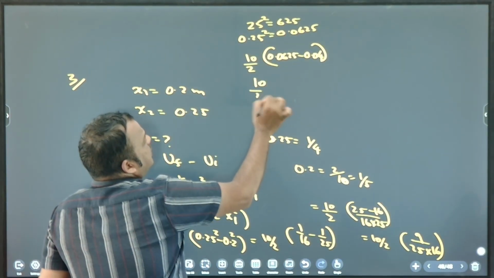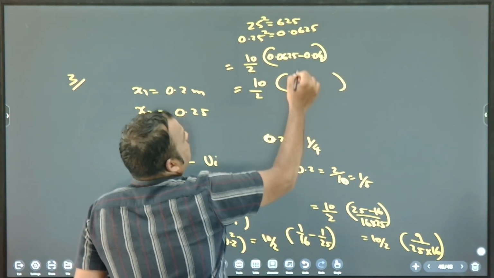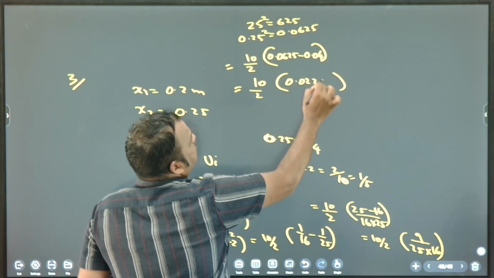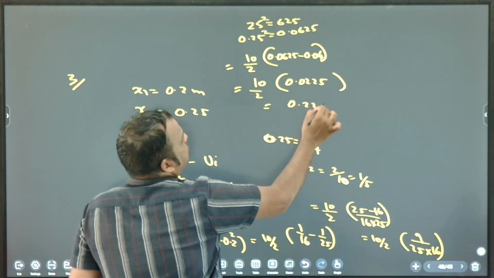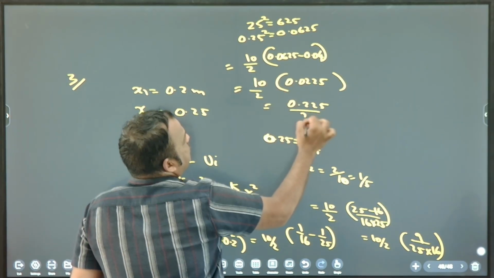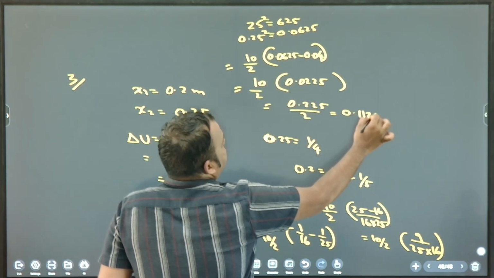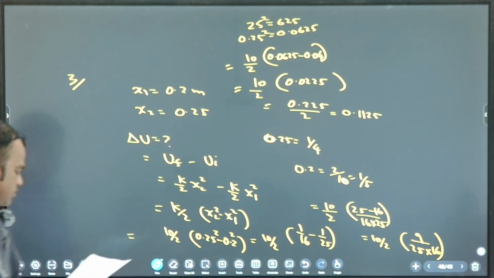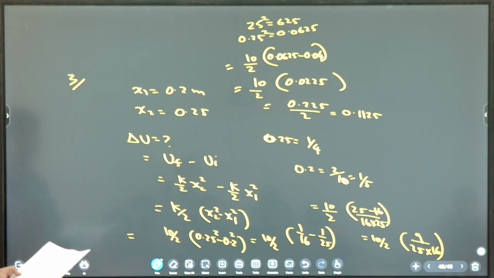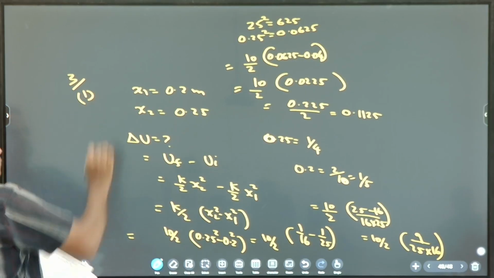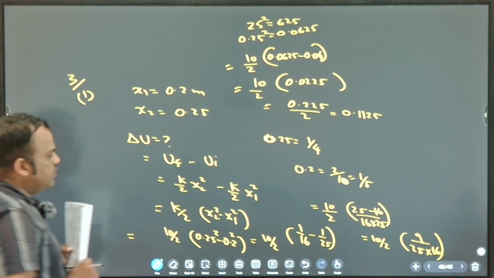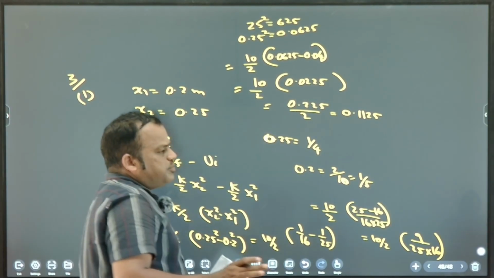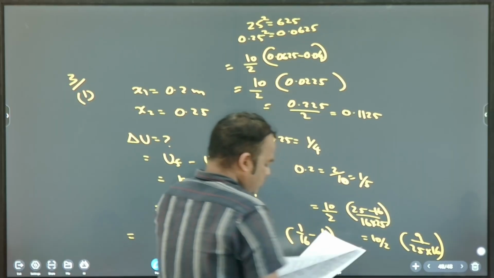So 10 by 2 into 0.0225, which is 0.225. Multiply this by 10, so this is 0.1125. First option. Note down the first option. If any answer is wrong, tell me.